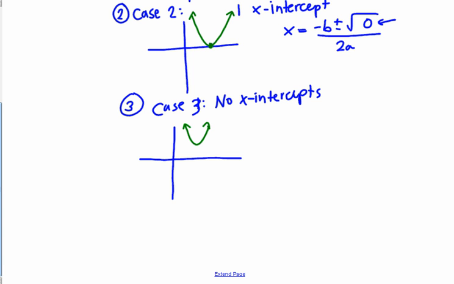If you're working with your quadratic formula, negative b plus or minus the square root, and this has a negative number inside the square root, can you take a square root of a negative? No. So if you ever have a negative number inside the square root, that's not possible, and so there are no x-intercepts. So those are the three cases. You could either cross twice, once, or not at all. Could you just graph it and look at it and see? Yeah, you could.